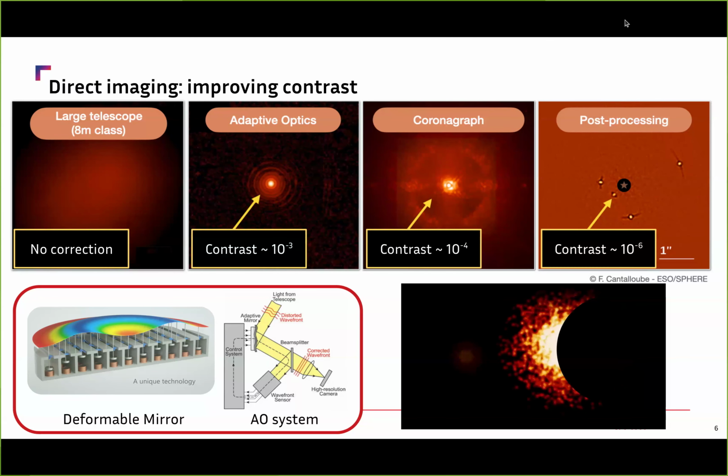One way to mitigate this issue is to use adaptive optics. You detect the wavefront distortion and correct it in real time. You can also use a coronagraph to reduce the glare of the star so that exoplanets next to it will pop out better. And then you also need a post-processing algorithm to make sense of this data and to leverage the correlation that you know exists in the data.